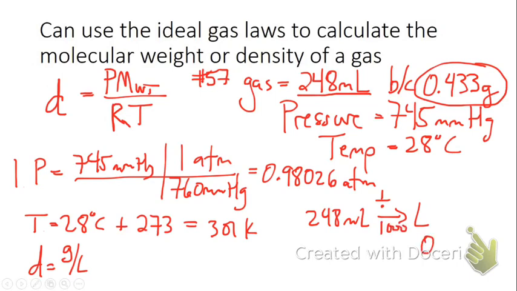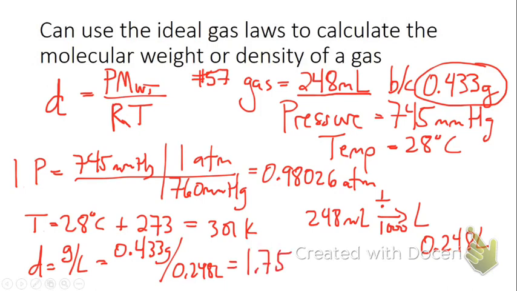And so we're going to have 0.248 liters. And so to find the density, all we do is to take the number of grams divided by the number of liters. And that will give us 1.75 grams per liter. So we now have pressure, we now have temperature, and we now have density.